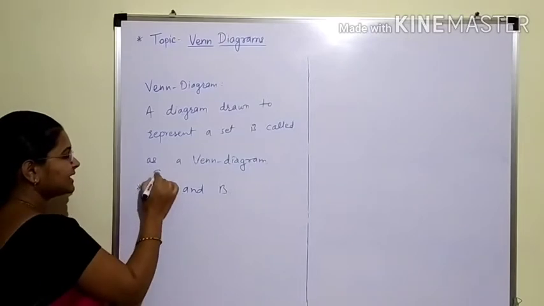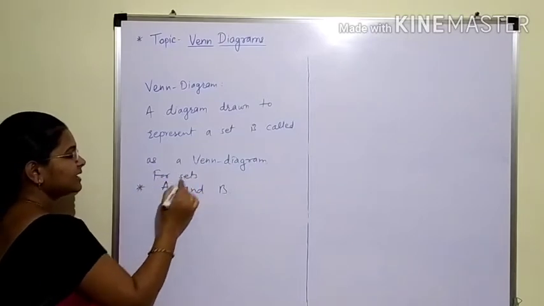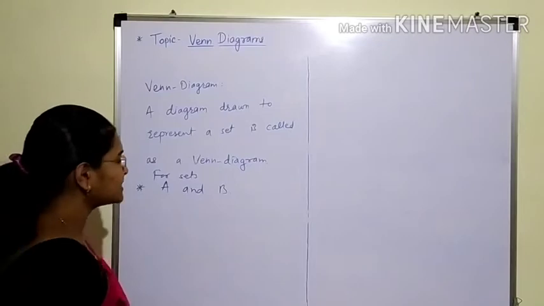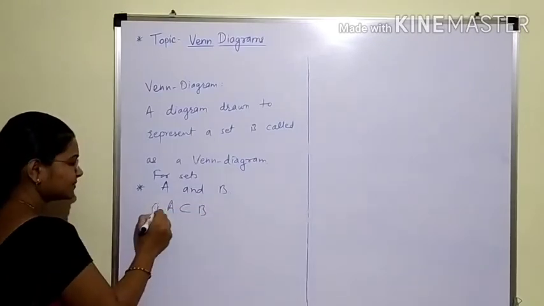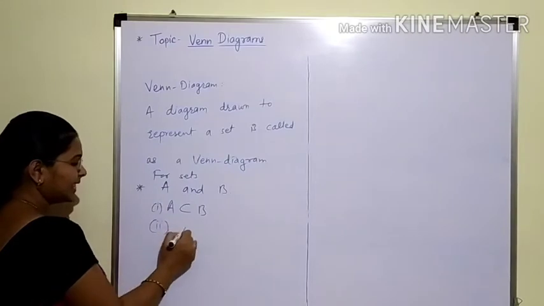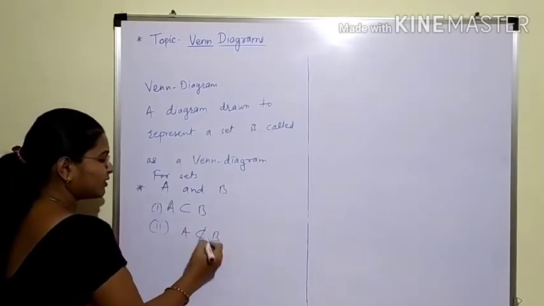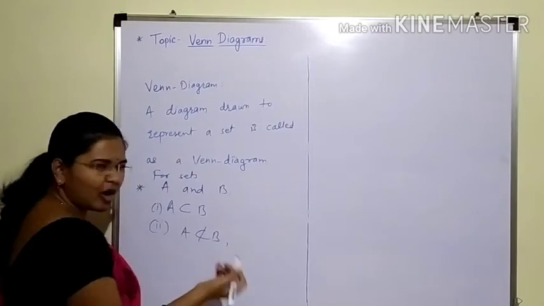Okay, if we are having two sets A and B, what are the possible conditions? Either A will be a subset of B, first. Second, A will not be a subset of B, but both can have common elements.